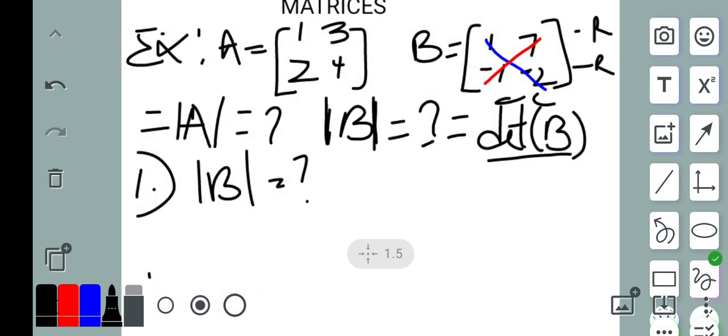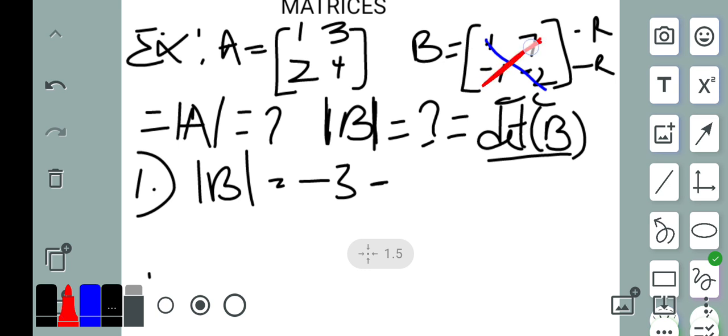So your det of B, which is what I'm looking for, is 1 times minus 2, which gives me minus 2. And in the middle we have negative, always negative in the middle, and then you do the other one.